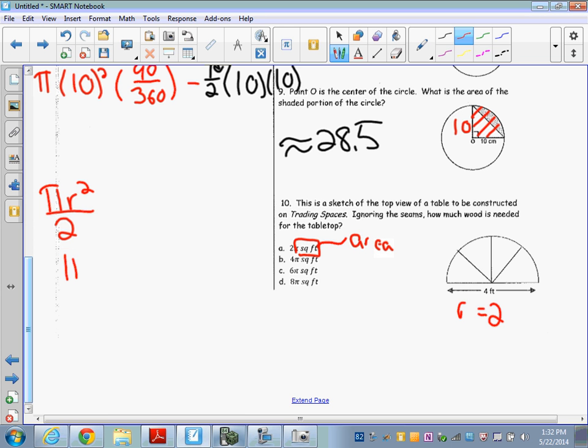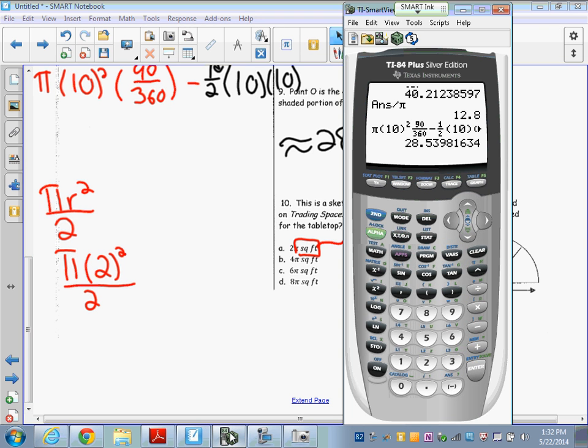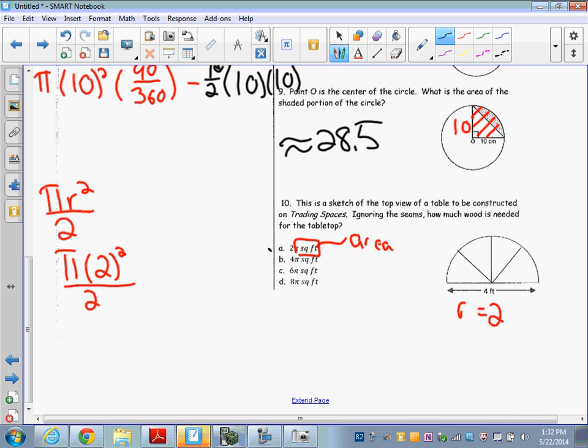So I just plug in my numbers. So pi times 2 squared over 2. And I just enter it straight into my calculator. And I get this number. Again, I can try all the values to see which one's going to be the same. And I see it's going to be 2 pi. So my answer is going to be A.